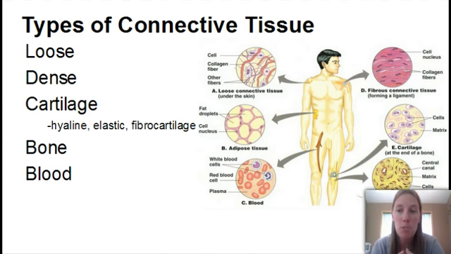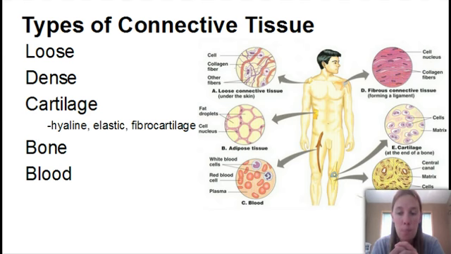You have hyaline cartilage, which is the most abundant and is very firm and supportive. It has a glassy look to it. It's kind of rubbery. You find it a lot in joints and also in your larynx.